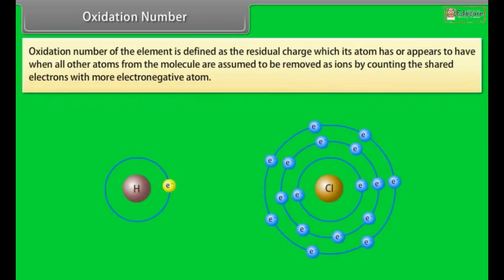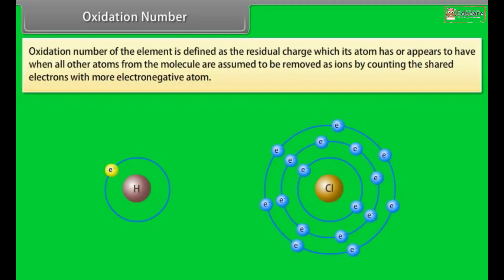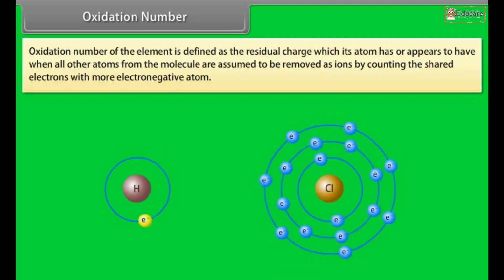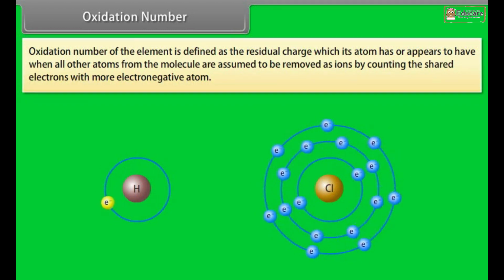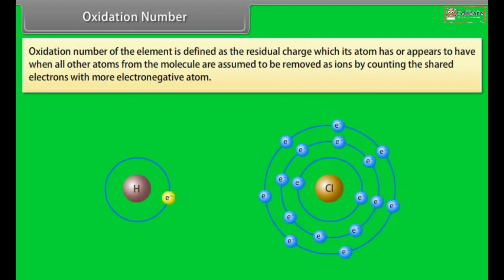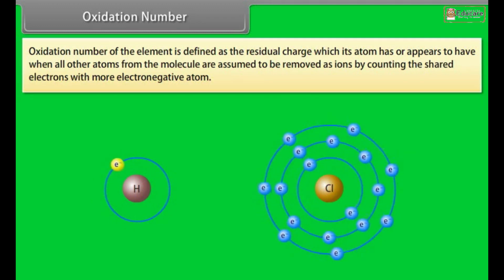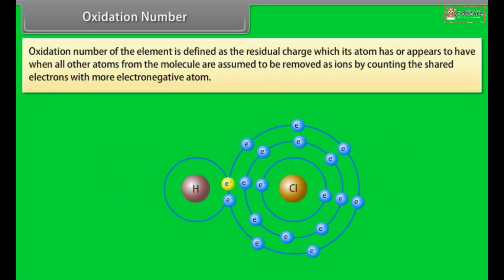Oxidation number. The oxidation number of an element is defined as the residual charge which its atom has or appears to have when all other atoms from the molecule are assumed to be removed as ions by counting the shared electrons with more electronegative atoms. Consider an example of the hydrogen chloride molecule. Chlorine is more electronegative than hydrogen.